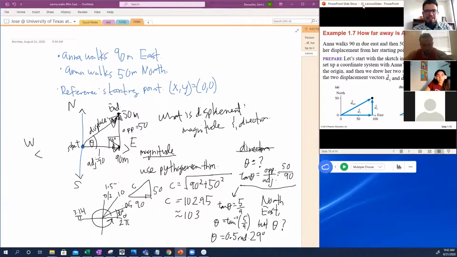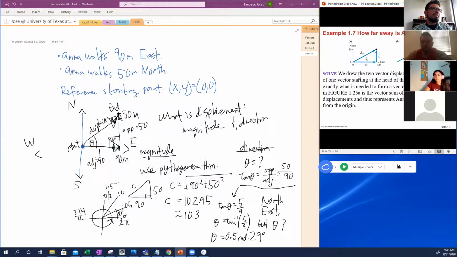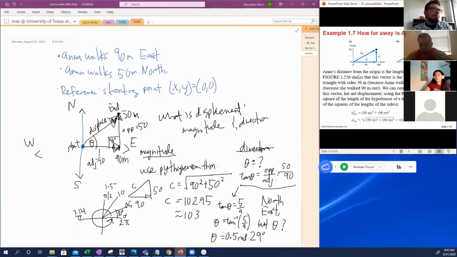The 29 was an answer in degrees, but they're both correct answers. But you'll notice that in the example here on the slides, the first part is, and this is where I think the discrepancy comes from, our choice of significant figures, right? Because I made the assumption like, okay, well, I rounded it to 103, which is one way of rounding up 102.95.